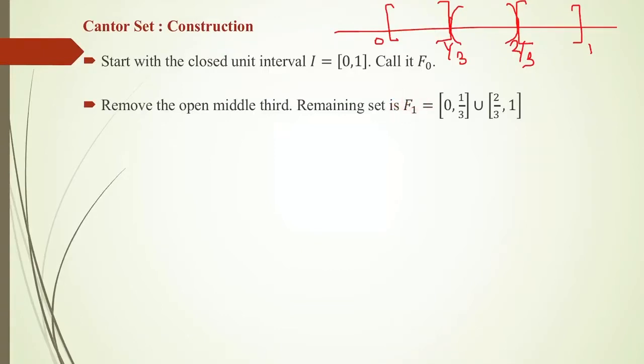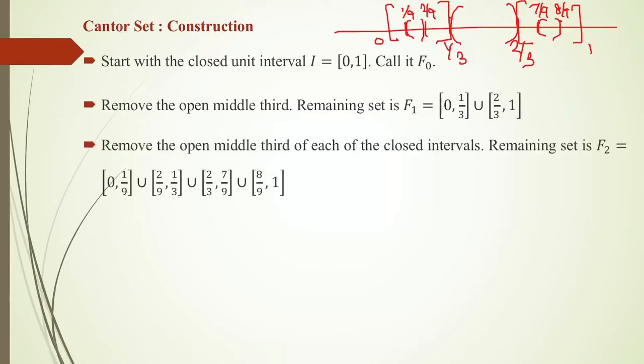Now divide each of these two closed intervals into 3 equal parts, so that we have 1/9 here and 2/9 here. And 2/3 is nothing but 6/9, and when we divide this interval into 3 equal parts, we get 7/9 here and 8/9 here. Again, remove the open middle third from the first interval as well as from the second interval.